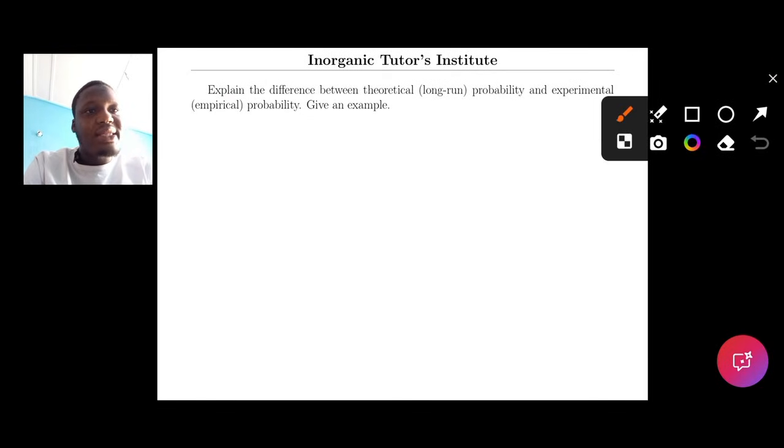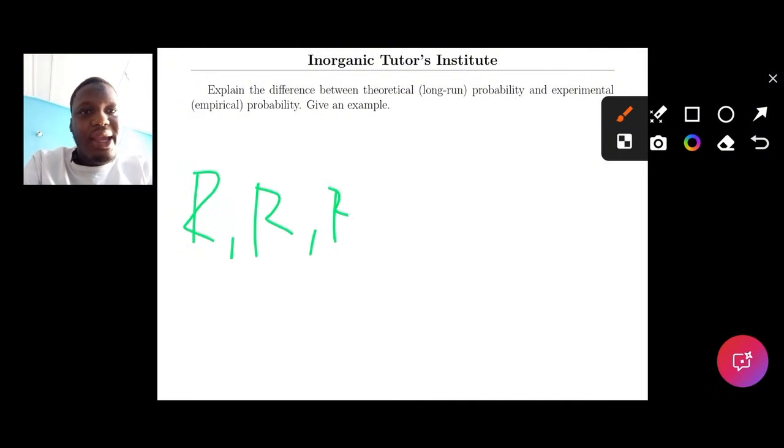So I gave a nice example last week. Let's assume I'm picking a ball from a container. Some are red and some are black. I do the first picking, I get a red, I get another red, I get a black, I pick again, I get red.